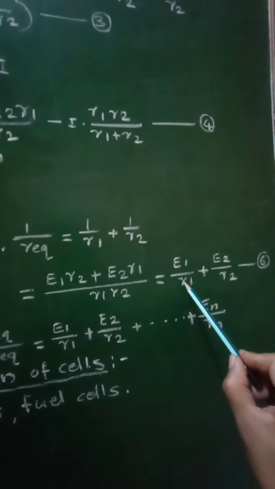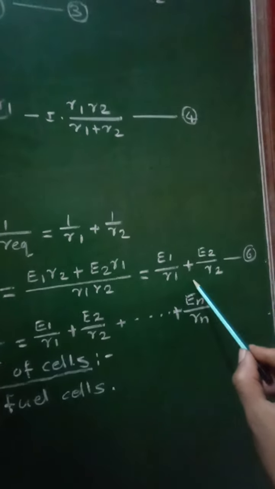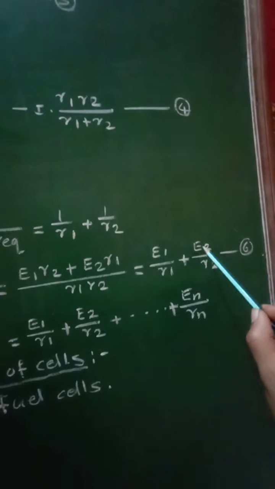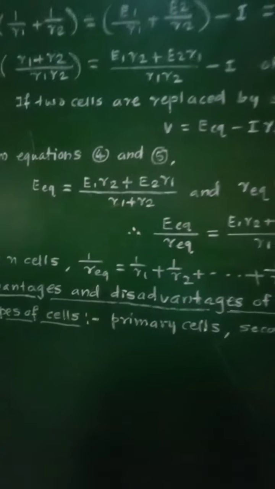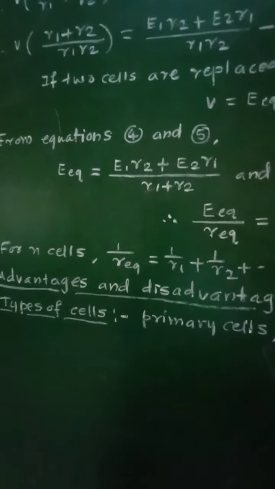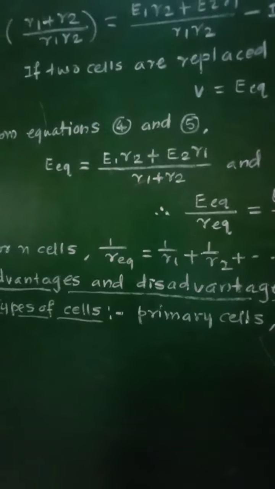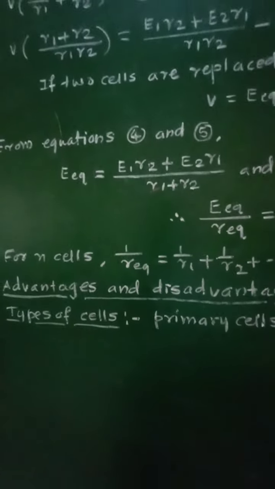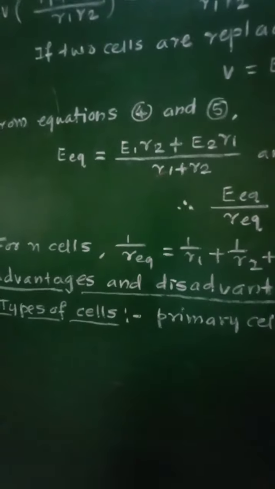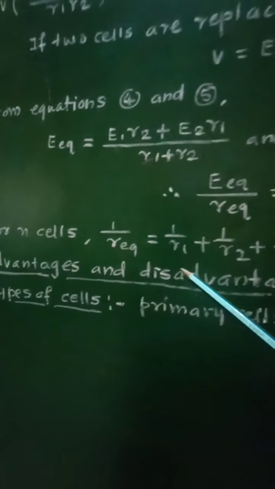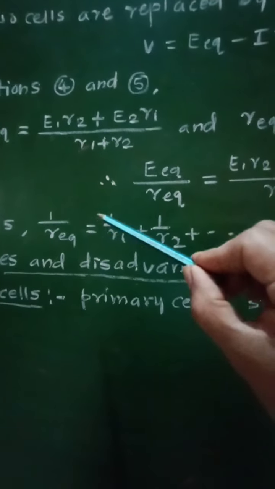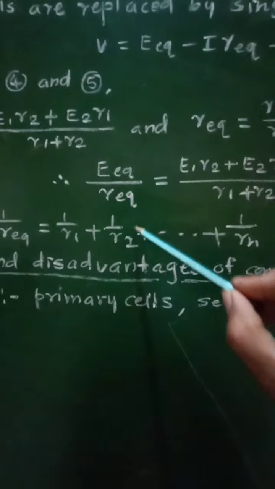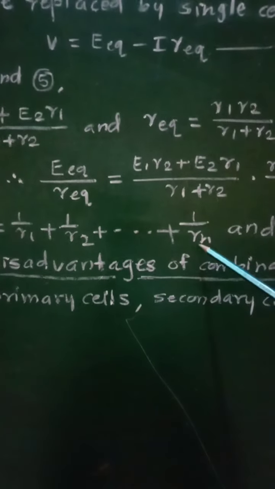So this will give us the ratio of E equivalent to R equivalent as E1 upon R1 plus E2 upon R2. Now instead of only two cells, if n number of cells having EMFs E1, E2, E3 up to En and internal resistances R1, R2, R3 up to Rn are connected in parallel, then for n cells we can write 1 upon R equivalent equal to 1 upon R1 plus 1 upon R2 plus up to 1 upon Rn.